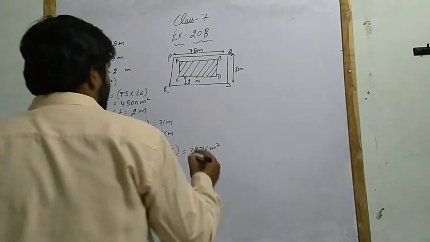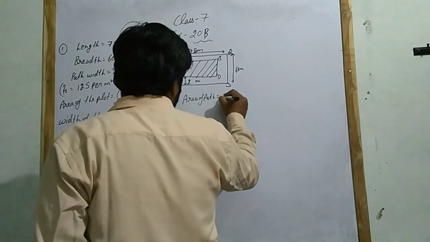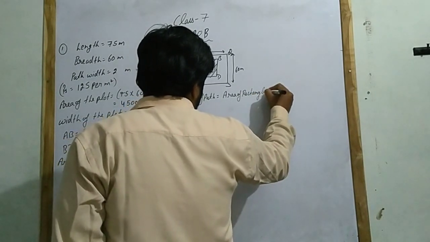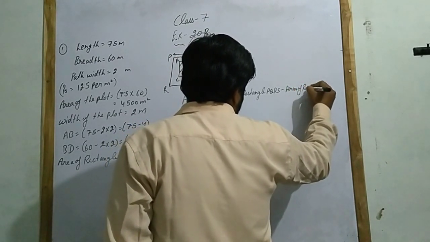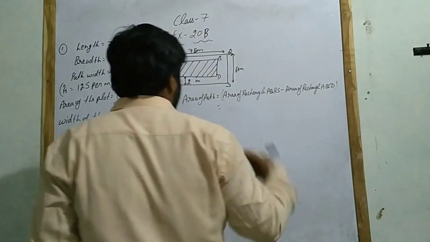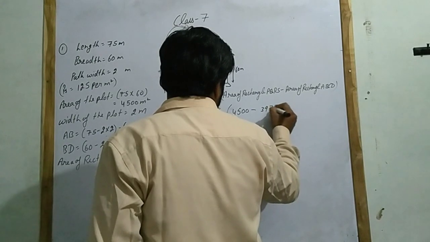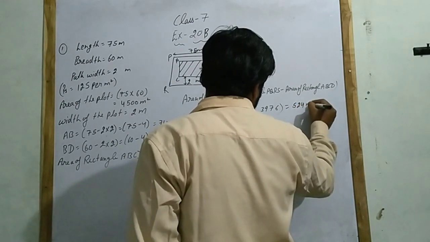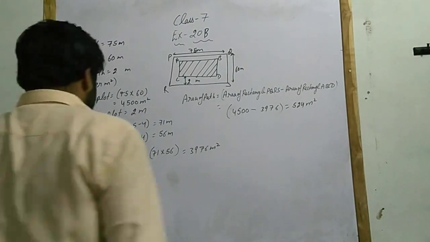After that, area of path equals area of rectangle PQRS minus area of rectangle ABCD, right? 4500 minus 3976 will be 524 meter square.